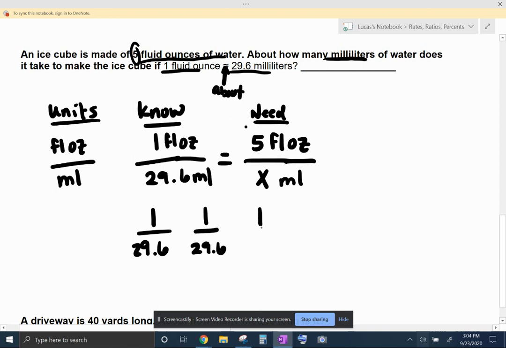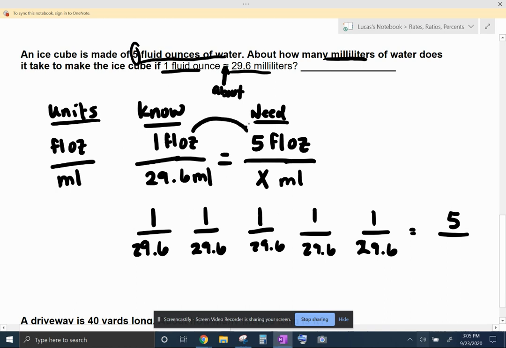And then another fluid ounce would be another 29.6, and another, and another 29.6. So that altogether is going to be 5 fluid ounces. Well, do I want to add all these up? No. So it takes 5 of these. We went from 1 to 5 fluid ounces, which is just times 5.